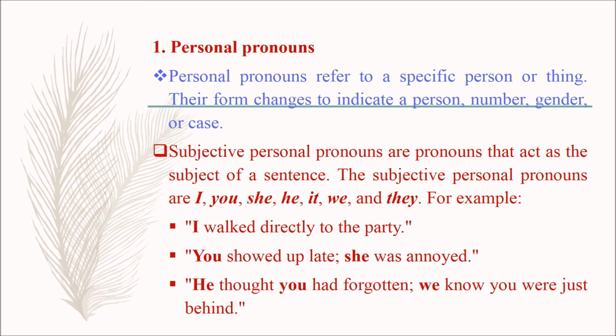You showed up late. She was annoyed. He thought you had forgotten. We know you are just behind. Here, I, you, she, he, you, and we are subjective personal pronouns.